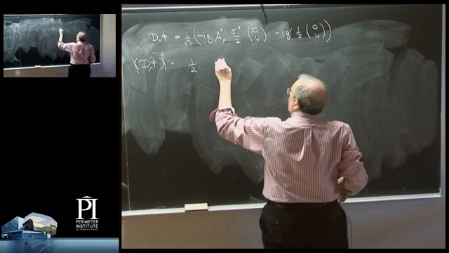There's a half there, and that comes squared. So when I square this vector, the upper components will give this expression. The lower component will give something a little more complicated.